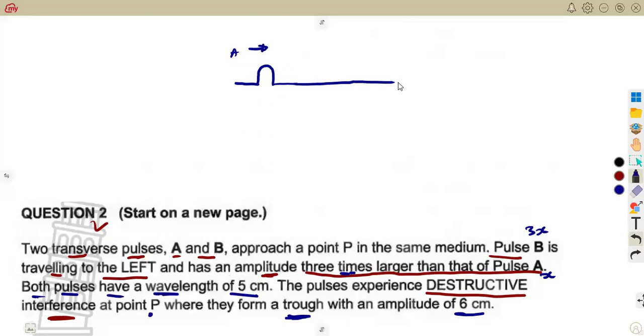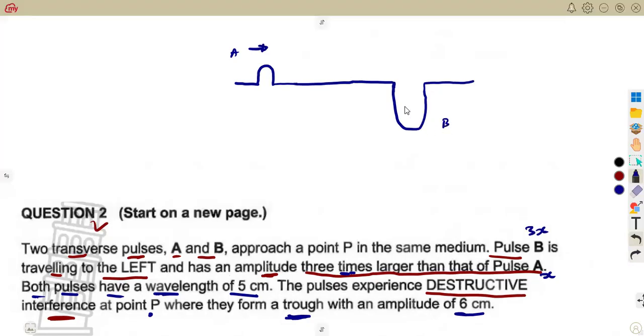Then for B, B is bigger than A, but they are going to form a destructive interference. Wherever a destructive is formed, it means if this one is having a crest, the other one is going to be having a trough. That is the condition. So B will be having a trough.